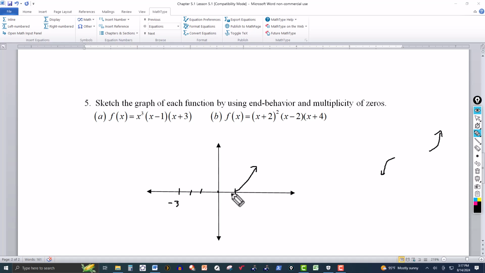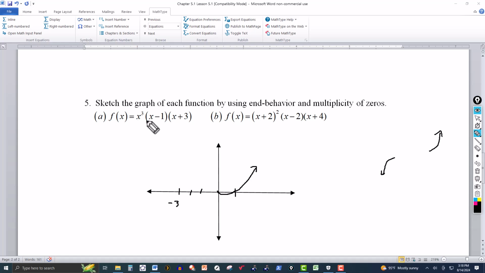Between 0 and 1, if I pick, say, 1/2, 1/2 there, 1/2 there, I'm going to get a negative, so the graph's going to come down. How far? I'm not sure unless I pick some values, but I'm just going to put it like that. And then between negative 3 and 0, if I pick a value here, say negative 1, and negative 1 here, negative 1 here, so these two terms will be negative.